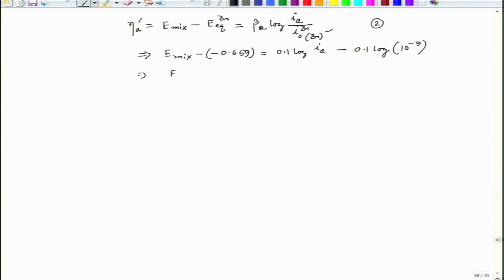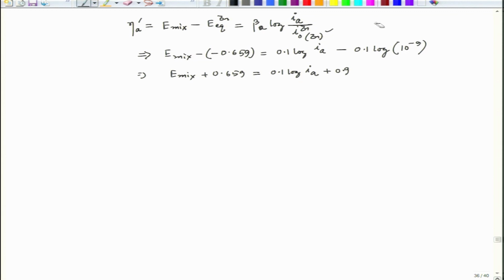So, it becomes E_mix plus 0.659 equal to 0.1 log of I_A minus 0.1, or I can say this is plus 0.9.